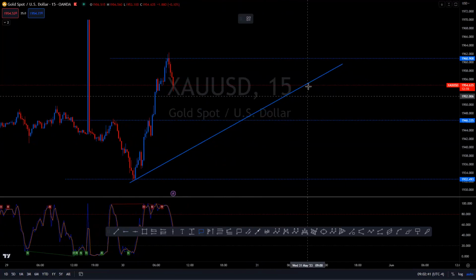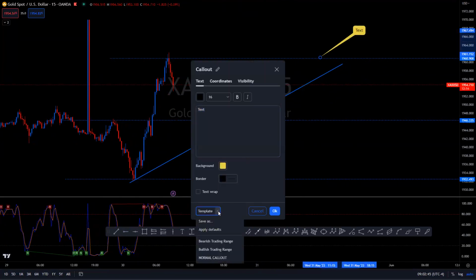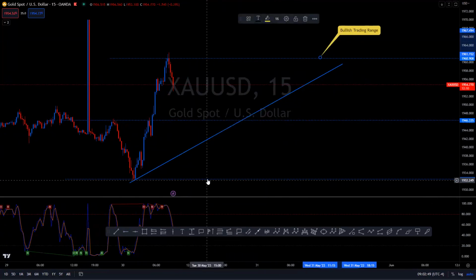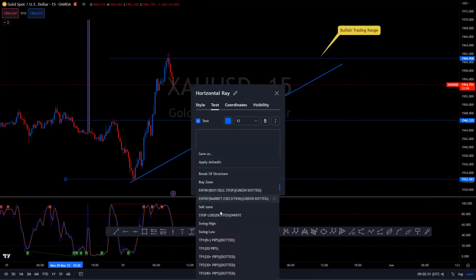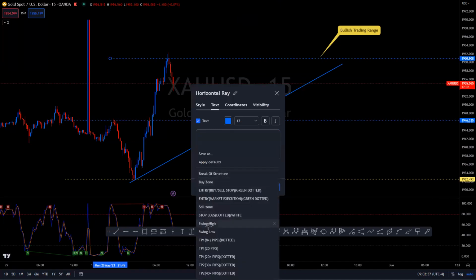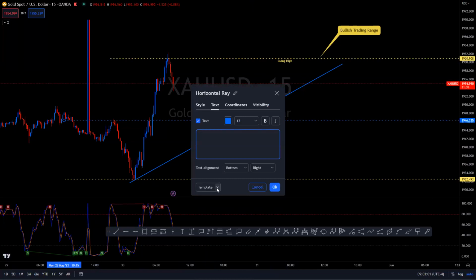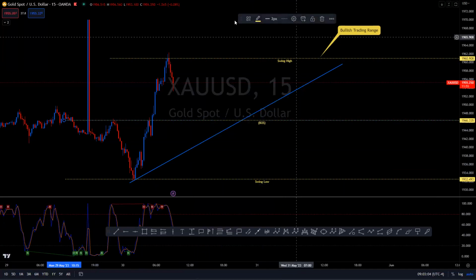So I'm going to label this as a bullish trading range. We're going to make this a swing low, and this is our breaker structure right here.